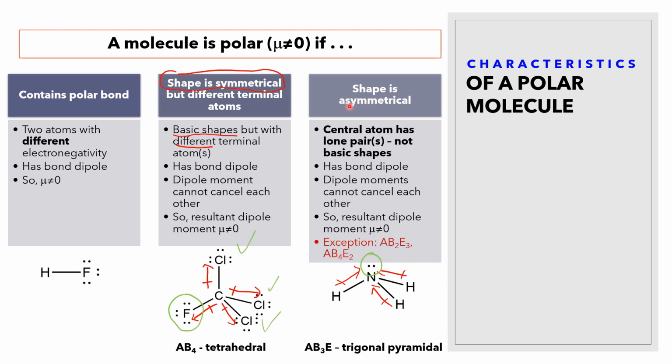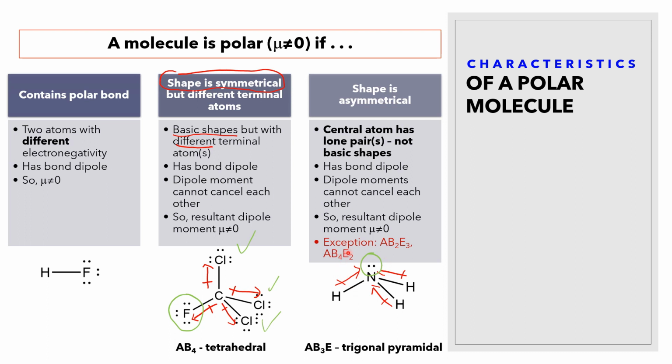So untuk asymmetrical shape, di mana central atomnya having lone pair, usually mereka adalah polar molecule. Kerana apa? Yang pertama, because all bond dipoles cannot be cancelled with each other, and also with the presence of lone pair that give rise, yang akan meningkatkan resultant dipole moment. Okay.